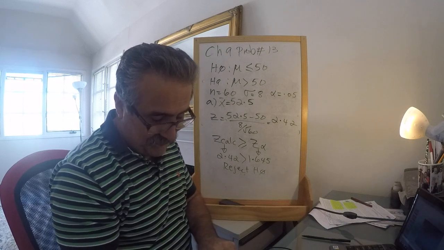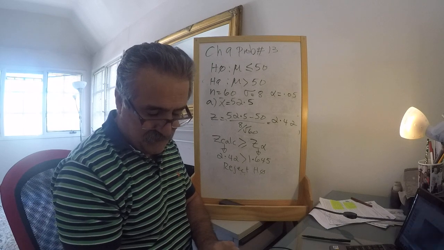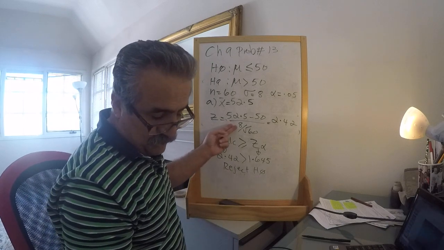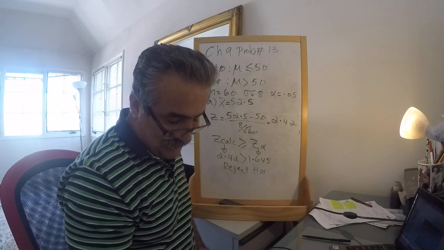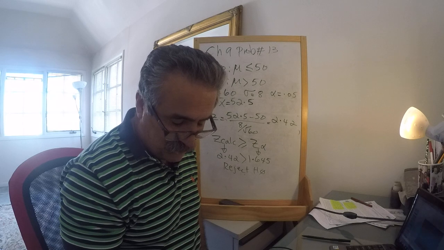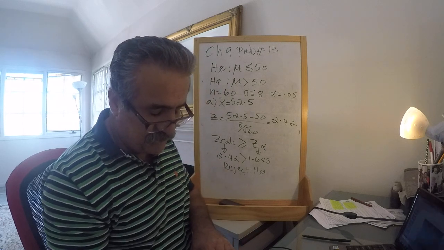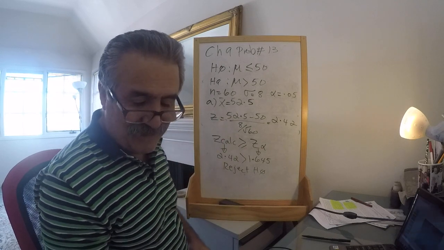For part B, that's pretty much the same as part A. You just put in 51 instead of x bar. Part C is pretty much the same. All you have to do is replace this with 51.8.